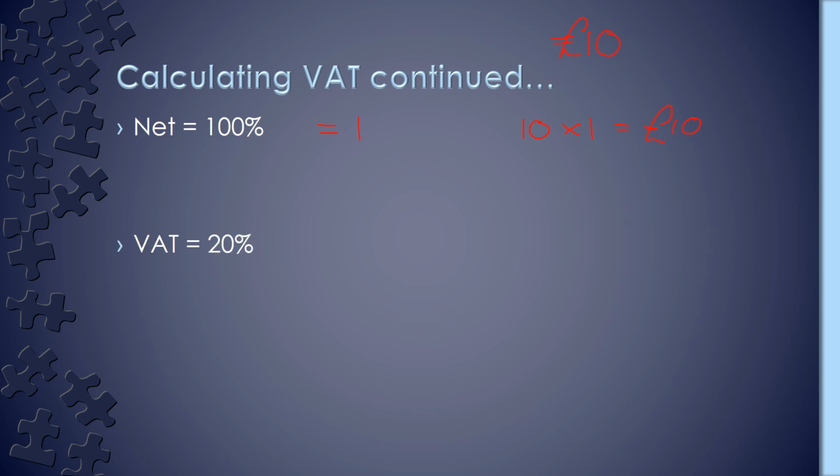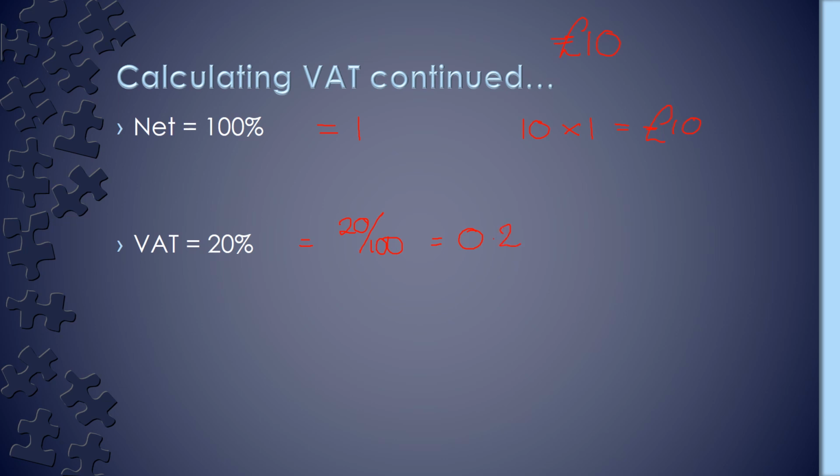Our VAT rate is going to be 20%. The way we work out the decimal is you divide 20 by 100, because that's what percent means, and in decimal form that comes out at 0.2.